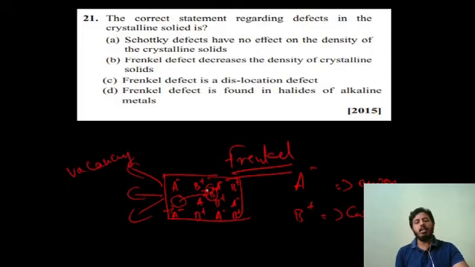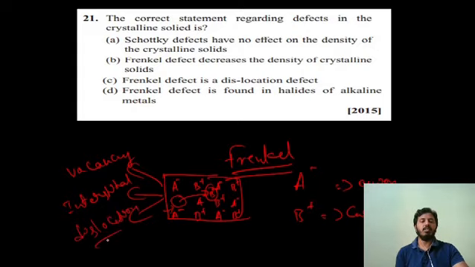And the interstitial position is occupied by the smaller cation, so which is also considered as interstitial defect. There is no complete missing of particle in Frenkel defect, but there is a change in the position of the smaller cation from the original lattice site to interstitial position, hence it is also considered as dislocation defect. So option C is the correct statement.